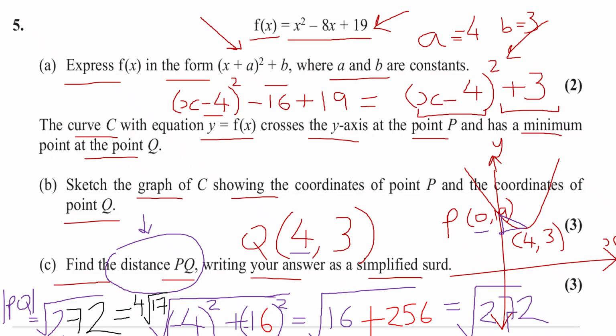The mistake there would have cost me 1 mark for those who were quite pedantic. But the actual answer here should be 4 root 17 as a simplified surd. Something was actually wrong from the previous answer. But that, guys, is our final answer.